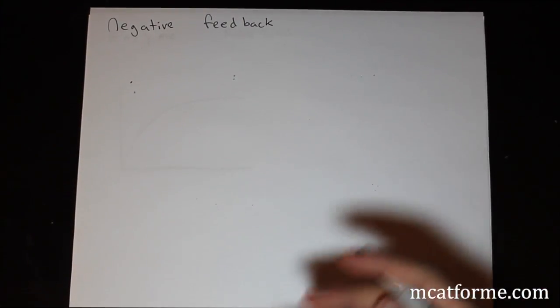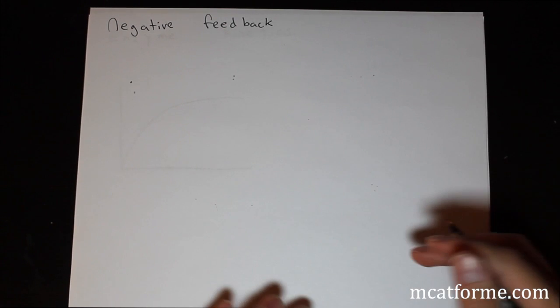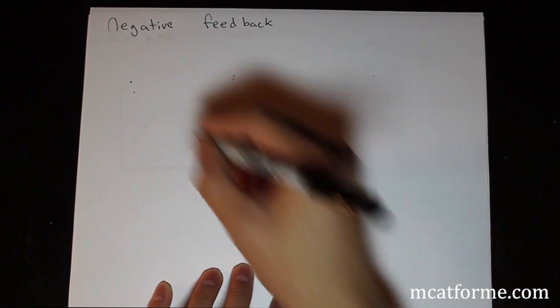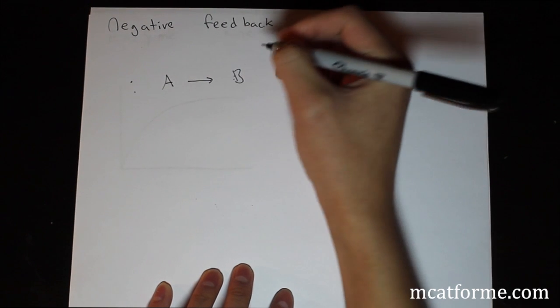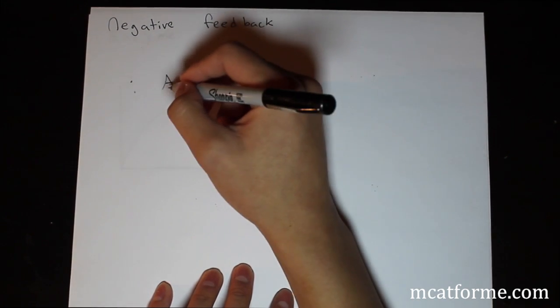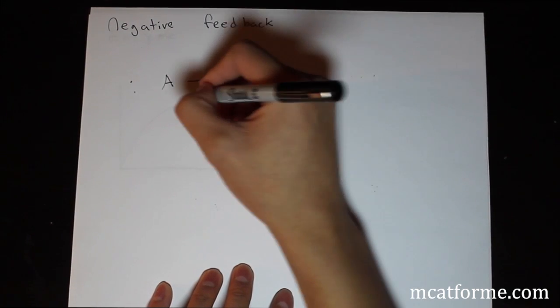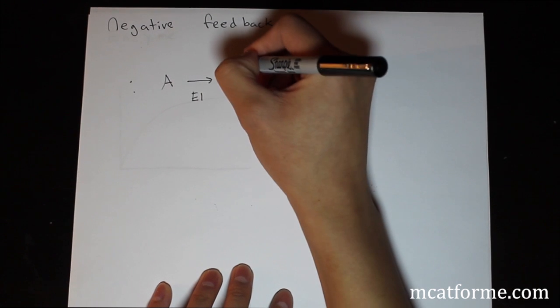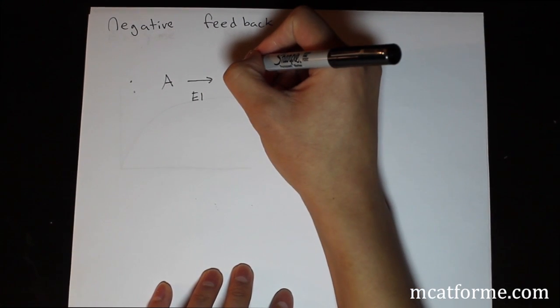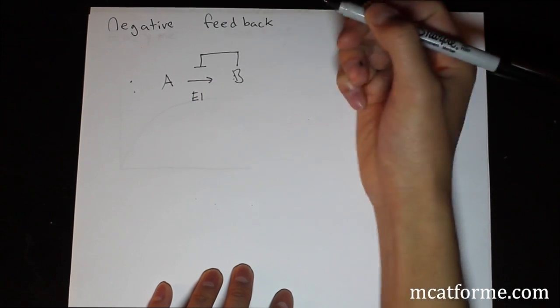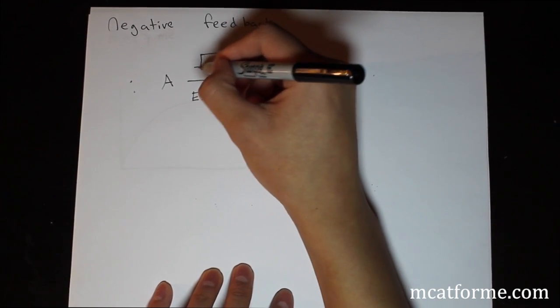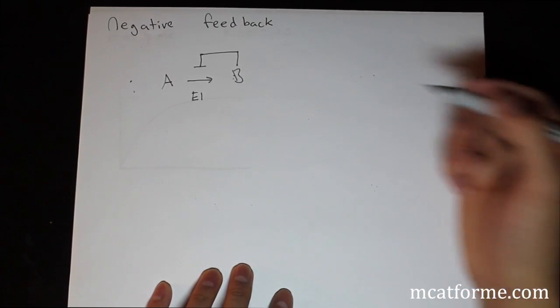Alright, so similar to allosteric inhibition, we have something called negative feedback. So negative feedback, the most basic would just be something like this. Say A is somehow transformed to B by enzyme 1. Okay? Negative feedback would say that, hey, we have this B, this product that we formed, and now it's going to inhibit the reaction from A to B. Okay?